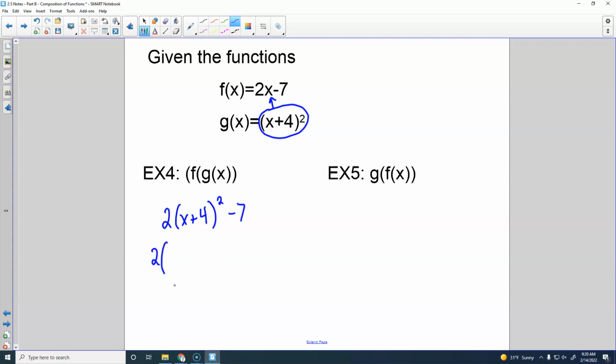Here's another chance to practice that square, double, square. So square the x. Double means we're going to have x times 4 and double it, which will give us 8x. And then square the last number. 4 squared is 16.